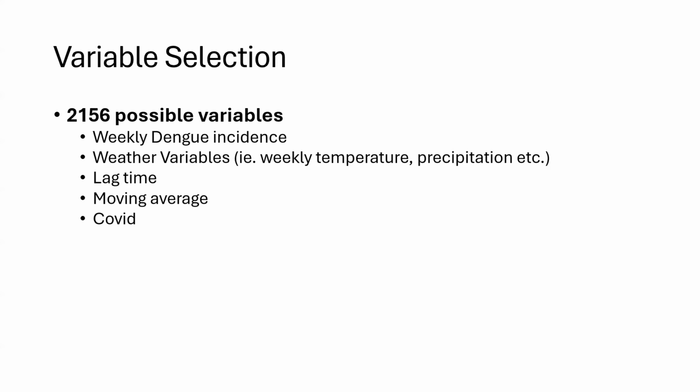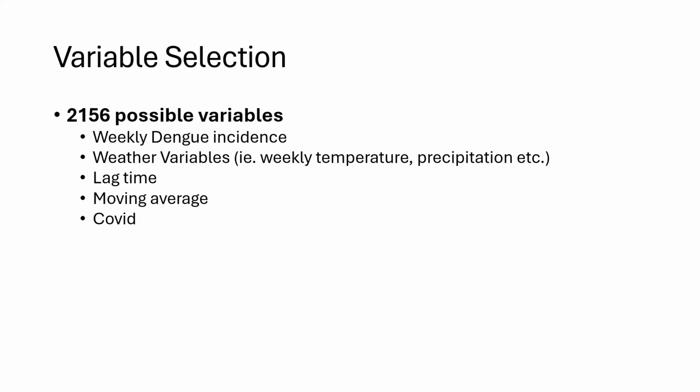Various weather variables on a weekly scale, namely average weekly temperature, weekly minimum temperature, weekly maximum temperature, and then the average diurnal fluctuation in temperature over the week, which is the difference between temperature in the day and the night. We also looked at weekly precipitation.